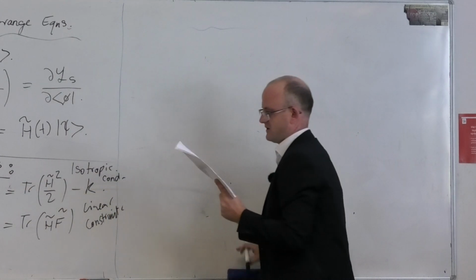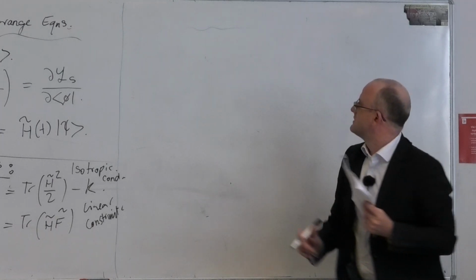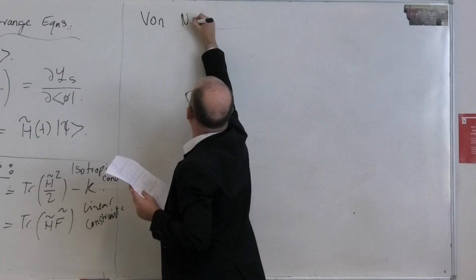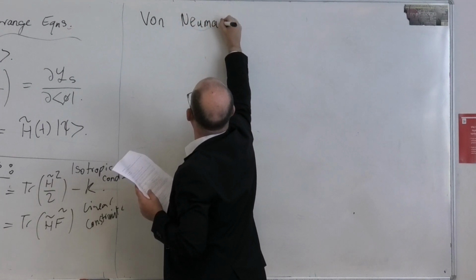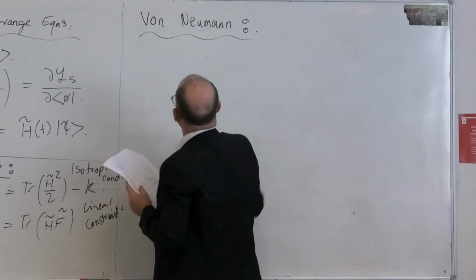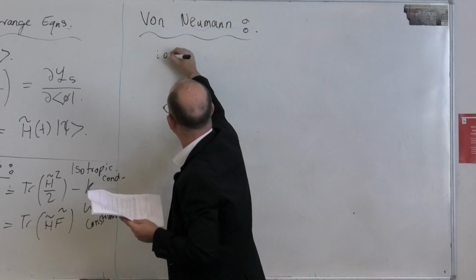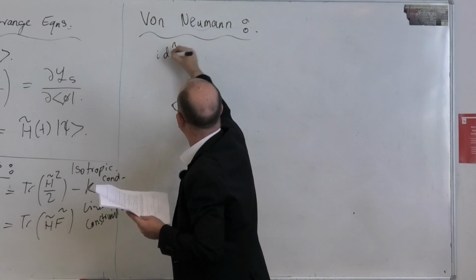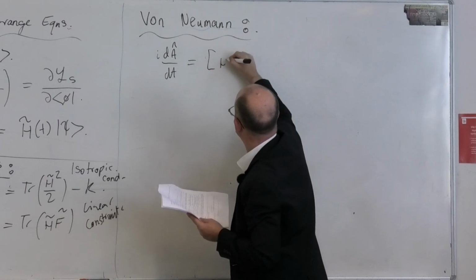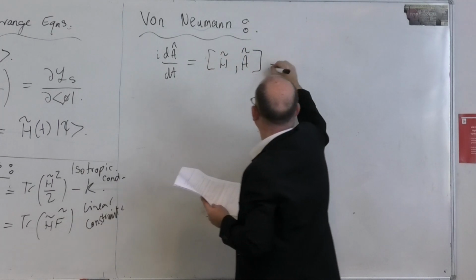Okay, so now, there was this one mathematician. He was a great mathematician. He figured out a lot of things. He was a very smart guy. He came up with this equation: dA over dt is equal to i times the bracket of h and a.